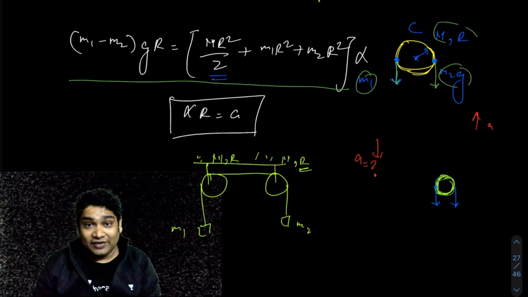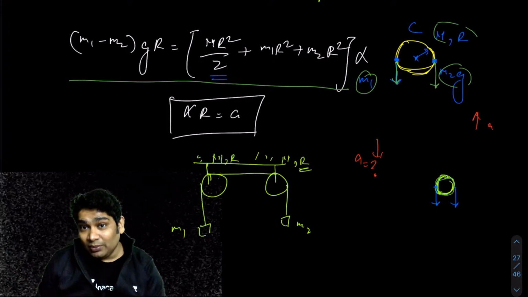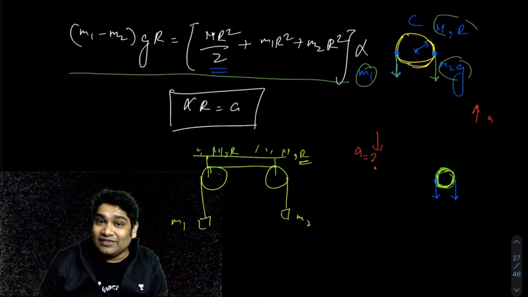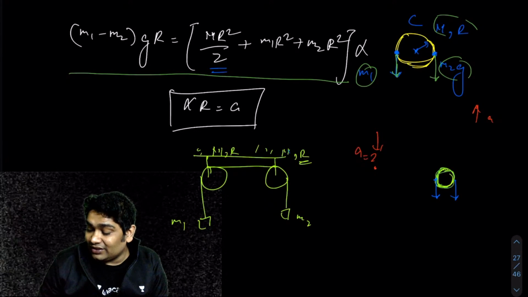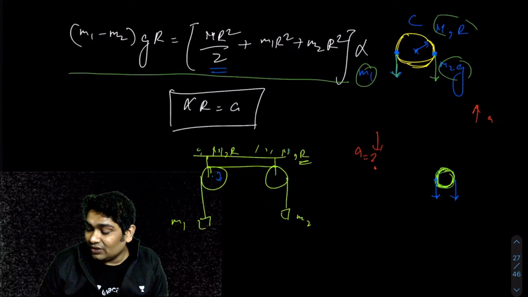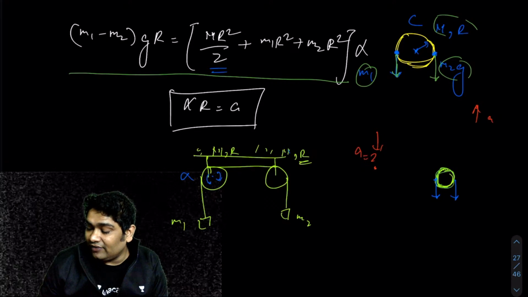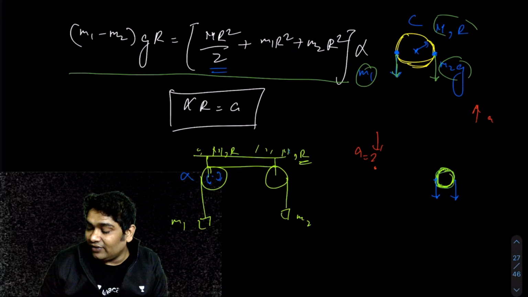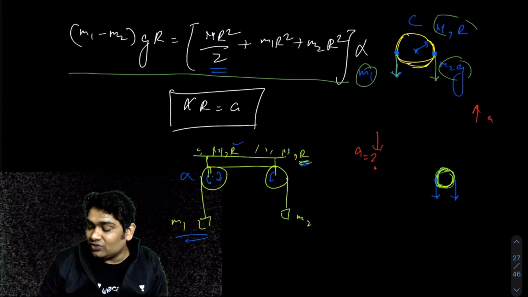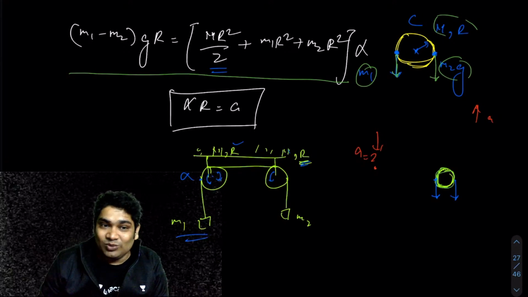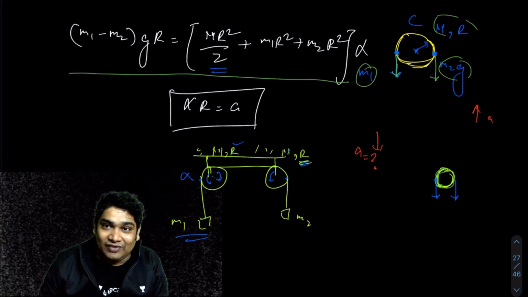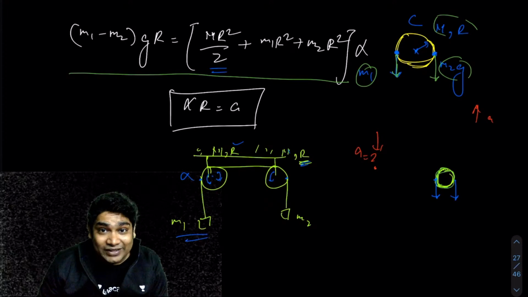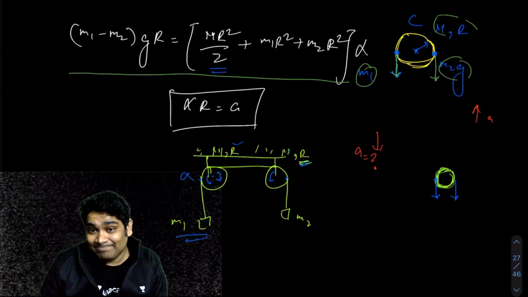So it works here also, but why is it working? Because all these objects have the same alpha. The alpha here and the alpha here are the same as long as the radii are same. Even if this was a point mass attached here, this would have also moved with the same alpha. But that won't be the case if the radii of the two pulleys are different.